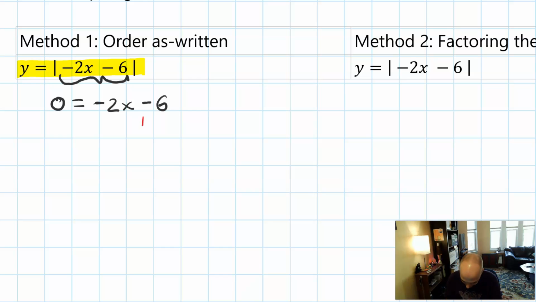So the first step I take is going to be adding 6 to both sides. That's going to correspond with a shift by 6 units to the right. So then I would get 6 equals negative 2x. Now I'm going to divide by negative 2.